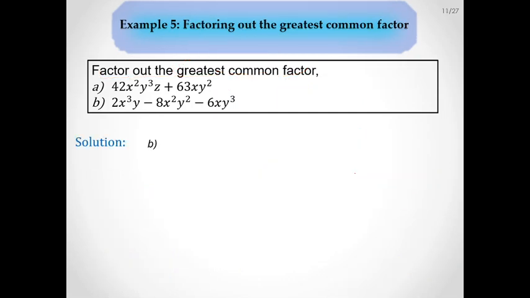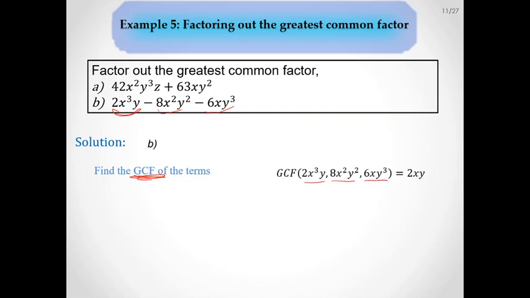Now let's do B. First we try to find the prime factorization of each, and then find the greatest common factor of them. We skip writing the factorization process, so we just write the answer here.